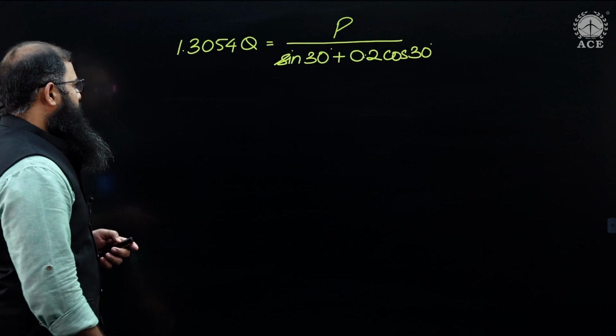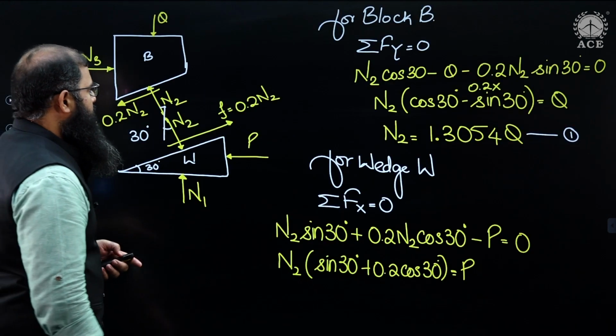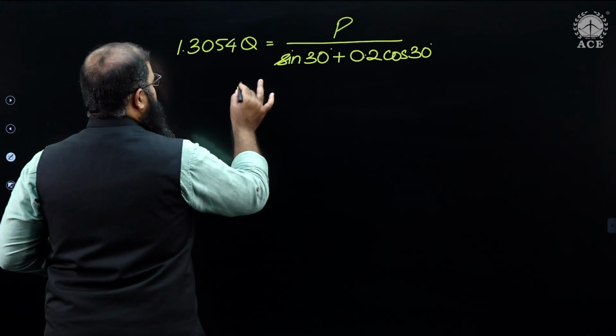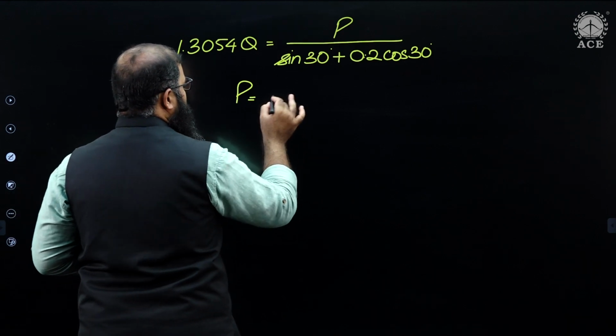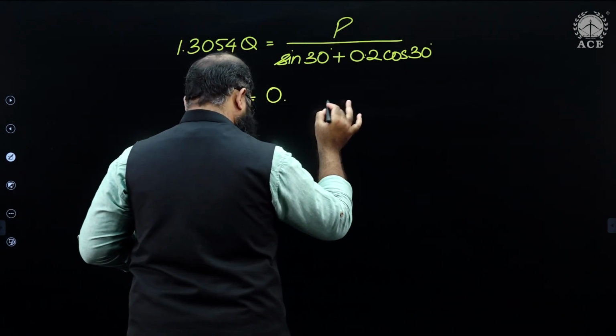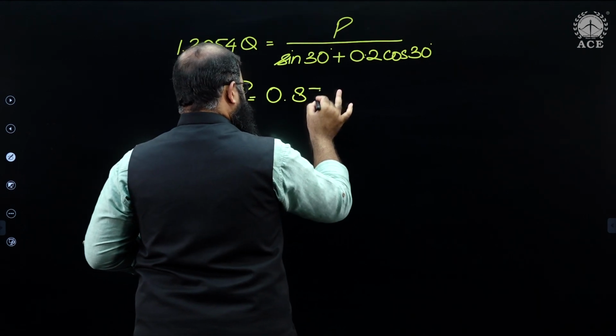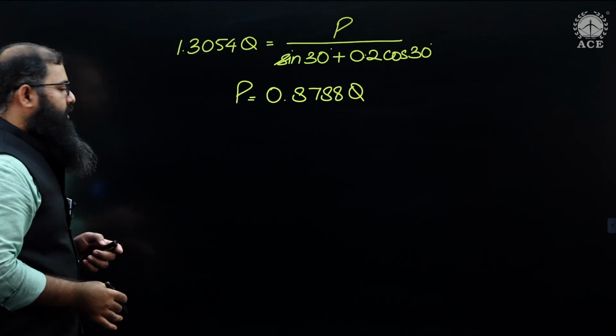He has asked me the question regarding P in terms of Q. So P is basically going to be, if you calculate this entire thing, equal to 0.8788 times Q. This is the value of P.